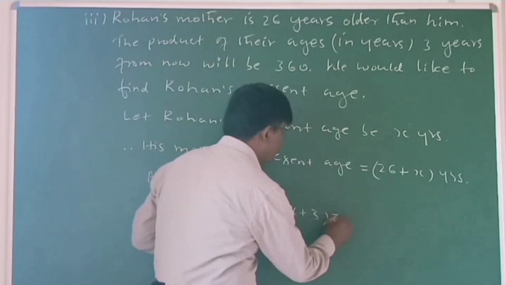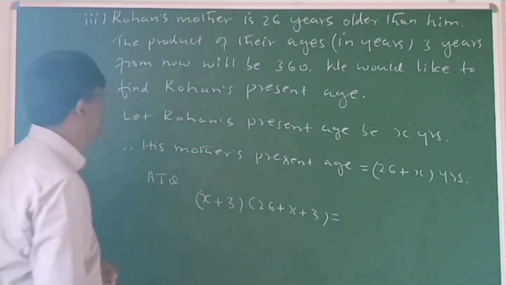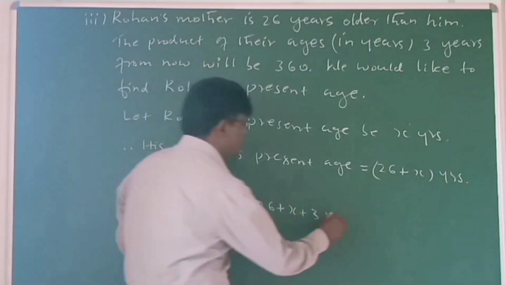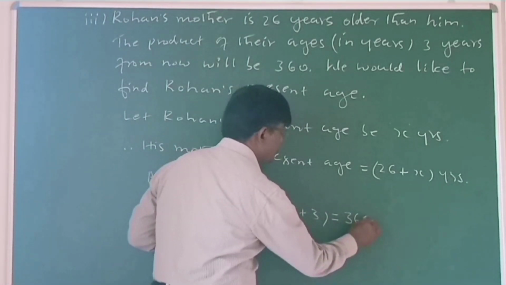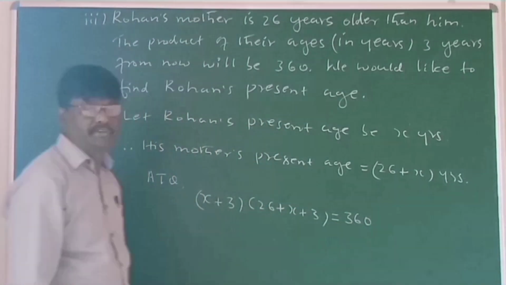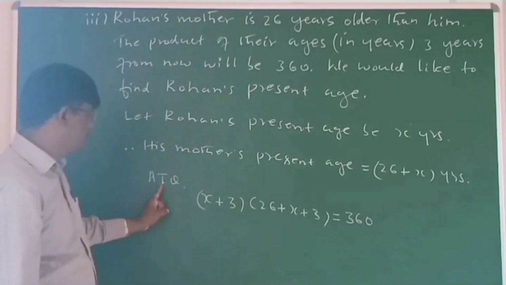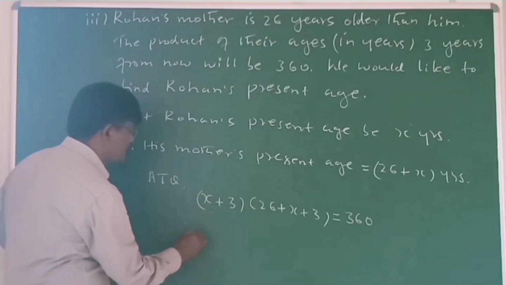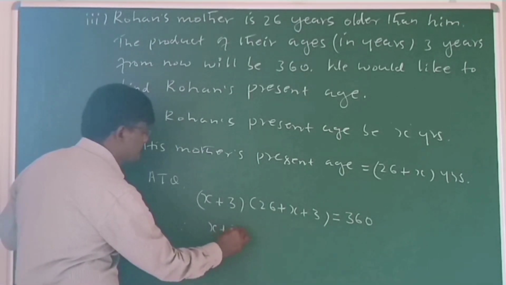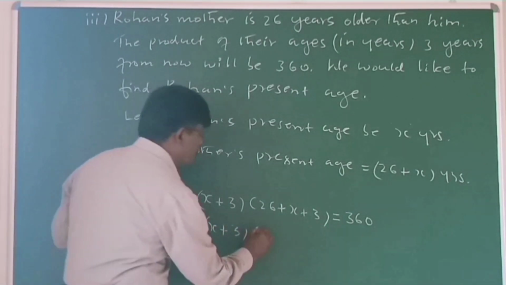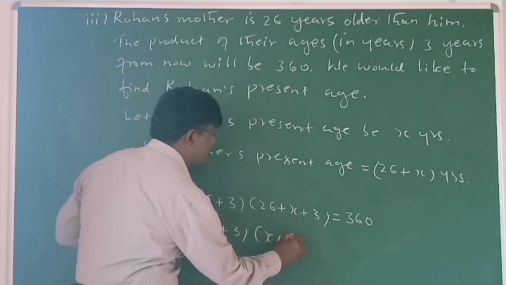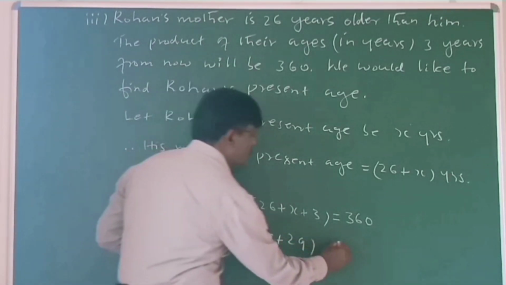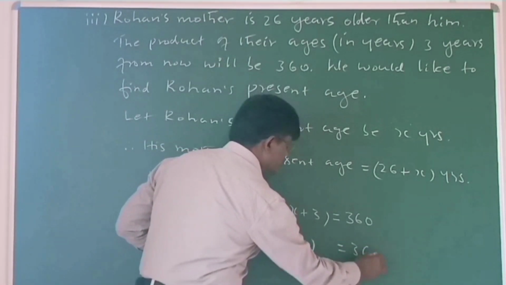The product will be equal to how much? It is 360. The product is 360. That's the answer. Hence, according to the question, now we shall simplify this. Therefore, x plus 3 into x plus 29 equal to 360.